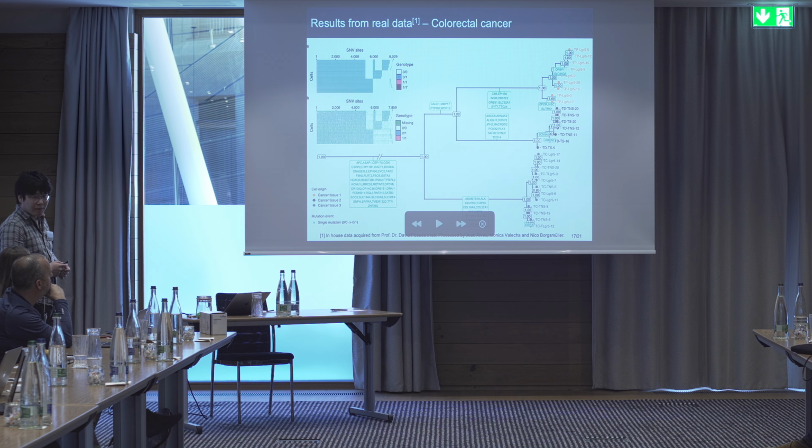Okay, there are more results from the real data. First of all, it's the colorectal cancer data set, which we nicely acquired from David's lab. Here in panel A, this is the heat map of the SIEVE variant calling results, and here is the Monovar variant calling results.